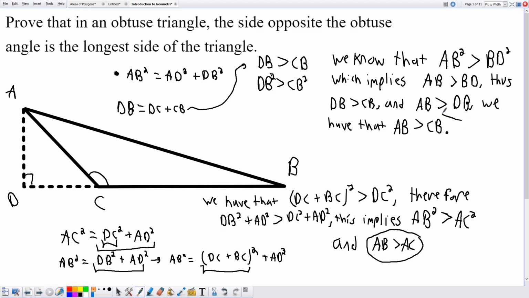And thus we have that AB is greater than AC and AB is greater than CB. So we have proven that the side opposite to our obtuse angle at C is the greatest side of the triangle by basically deducing all the facts from the Pythagorean theorems that we calculated.